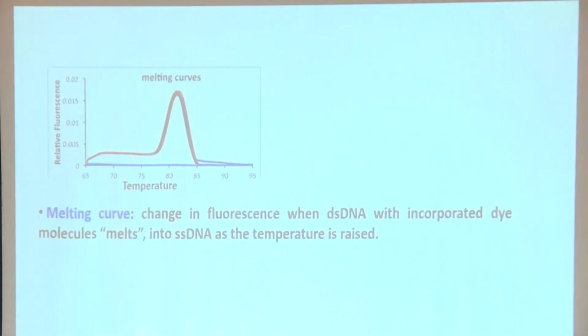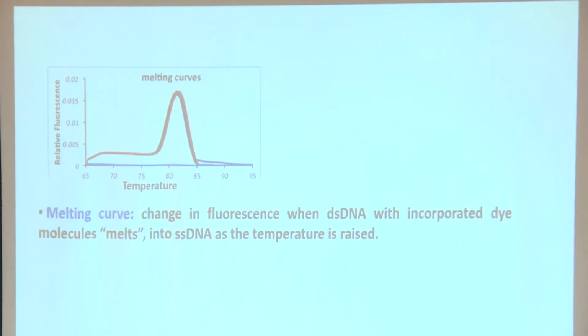This is the melting curve, which somebody was asking about. In SYBR Green based real time PCR, the fluorescent signal comes only when there is double stranded DNA. There is always a melting point for double stranded DNA. If you subject your sample to that melting temperature, what happens? There is a sudden drop in fluorescence. Why? Loss of minor grooves.